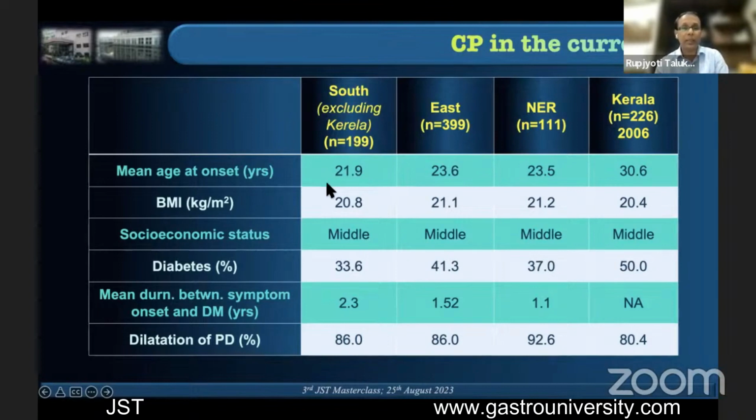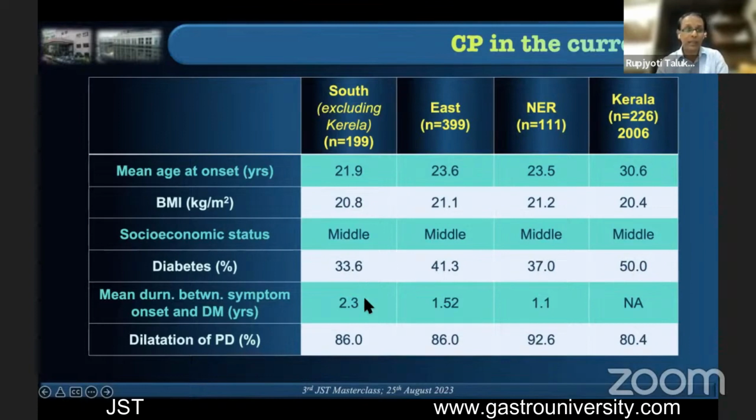If we see, the mean age of onset now is almost similar. In fact, in Kerala, it's a bit later than the other parts of India. BMI is similar. They are not malnourished. Socioeconomic status, all of them are from the middle socioeconomic status compared to the lower socioeconomic status in the tropical calcific pancreatitis. Prevalence of diabetes was similar with a higher incidence in Kerala in 2006.